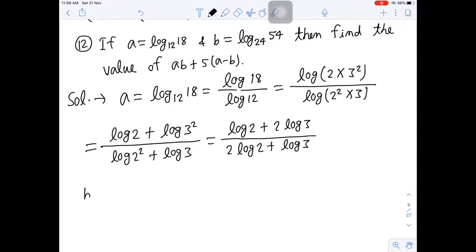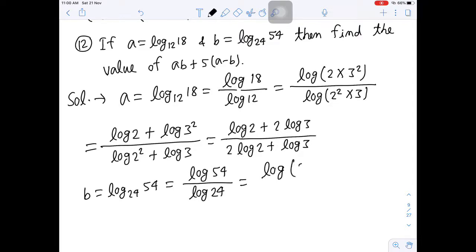Okay, then we need to find b. b is nothing but log 54 base 24. So it can be written as log 54 by log 24. If you factorize 54, it is 27 into 2, and all of you know very well 27 is nothing but 3 cube. 24 is 3 into 8, which is 2 cube into 3.